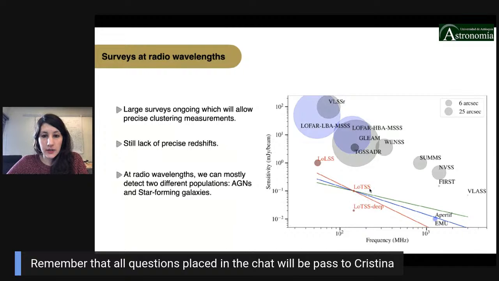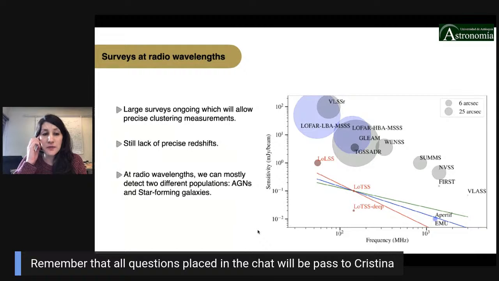LOFAR is a survey at lower frequencies than most of the surveys, and it's going to be very promising in the next few years. At radio wavelengths, we have much more coverage in area than at submillimeter, for example. Then we can perform some clustering measurements, and people have been doing this for several years already.